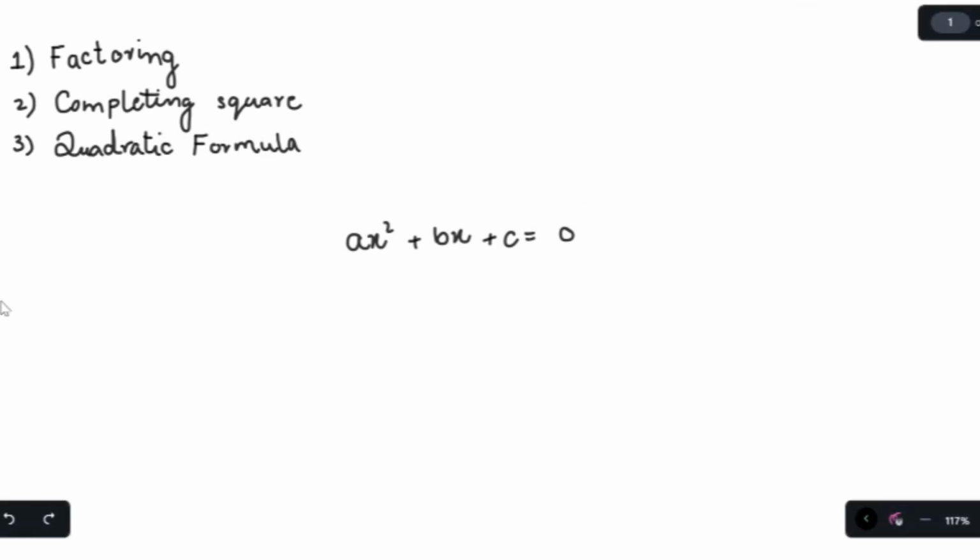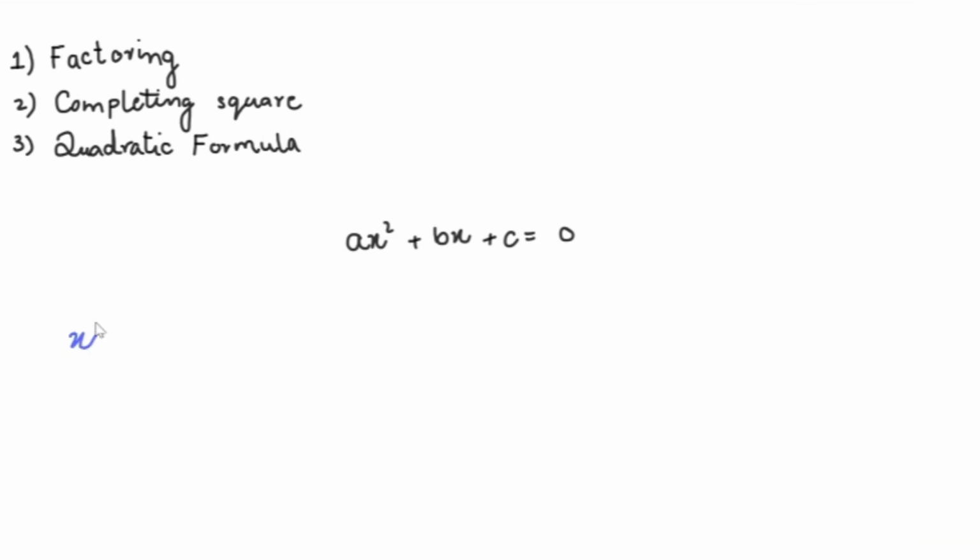So let's come to the first method, that is factoring. Let's take an example for it. We will take x squared minus 5x plus 6 is equal to 0.